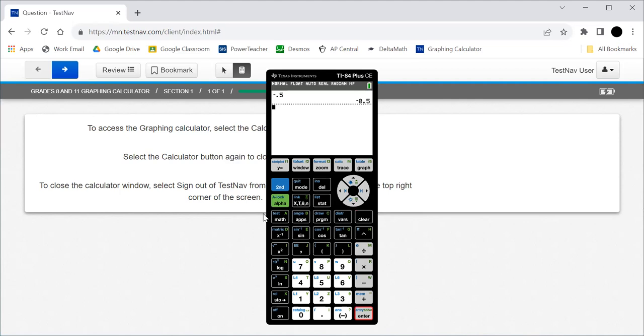But instead of typing x sub n, because there's no x sub n key on here, we're just going to use the answer button. And it's going to utilize the previous answer that we've inputted into our calculator. So that means that it's going to use negative 0.5 as the value every time we say answer. So every x sub n is going to be an answer.